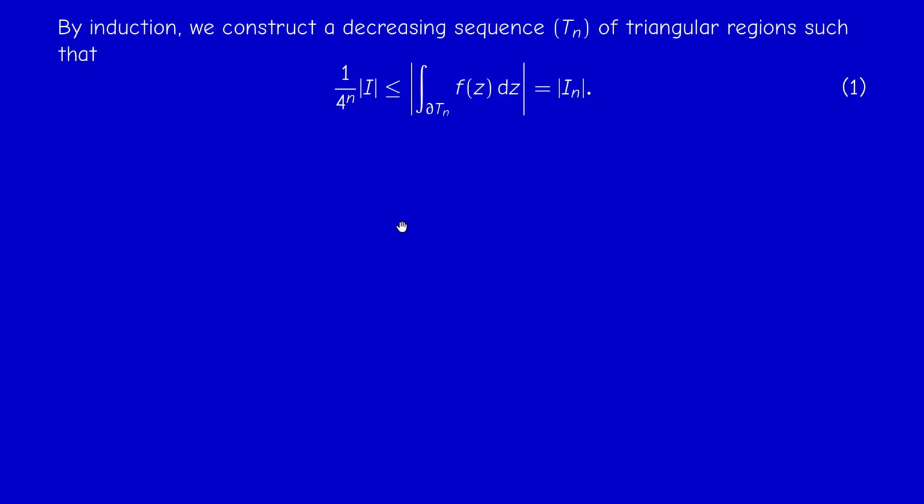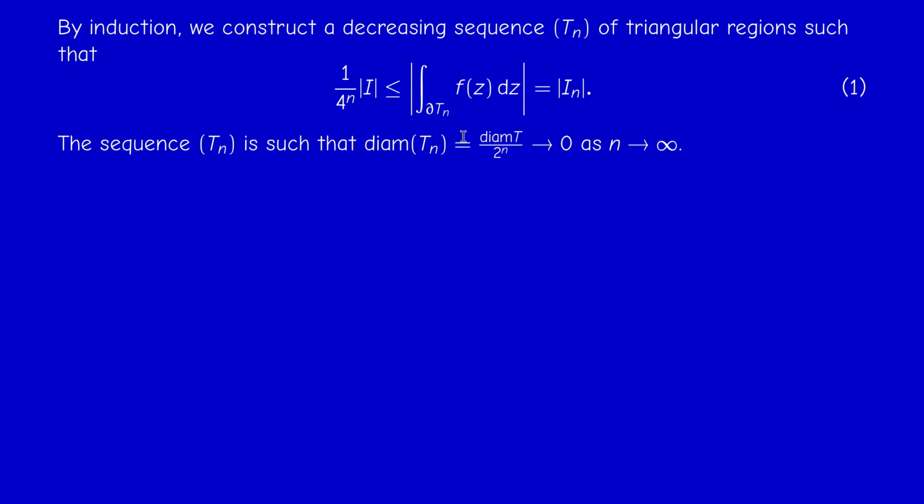So we construct a decreasing sequence of triangular regions, a nested sequence if you like, such that the integral at the nth step is bigger than 1 over 4 to the n times the modulus of I, which we want to show is 0. So call In this integral over the small triangle Tn.